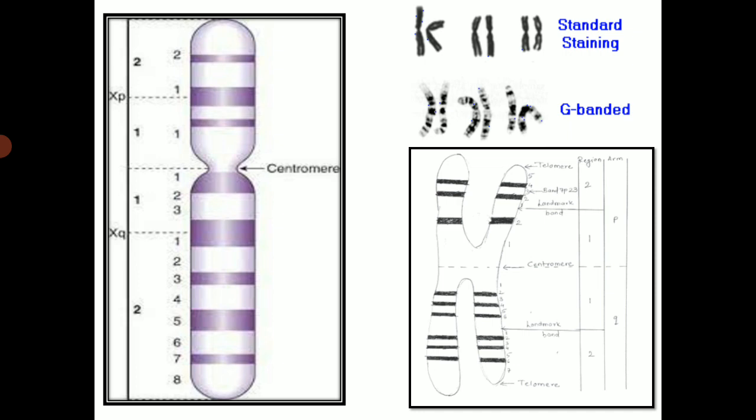Caspersson stained chromosomes with a DNA binding fluorescent compound, that is quinacrine mustard. Because of that stain it gets stained properly, and that's why it is called Q banding. Okay, different regions along the length of each chromosome show a varied intensity of fluorescence so that the chromosomes can be individually identified.